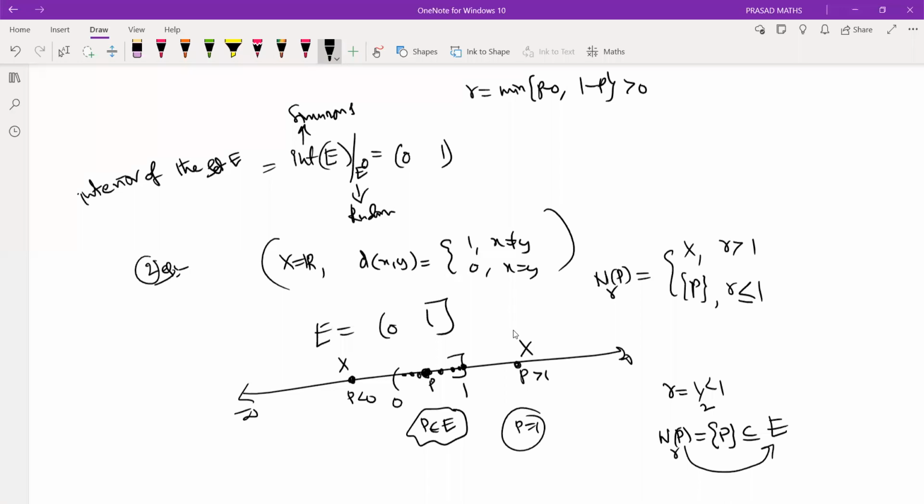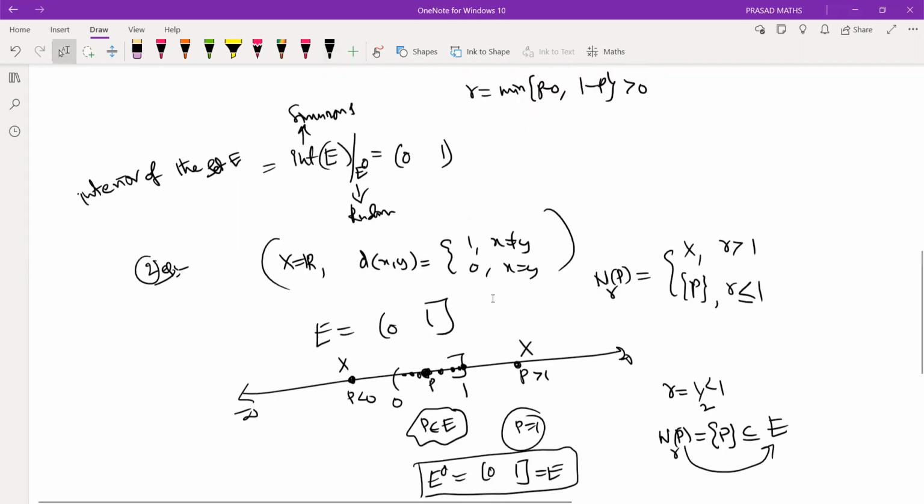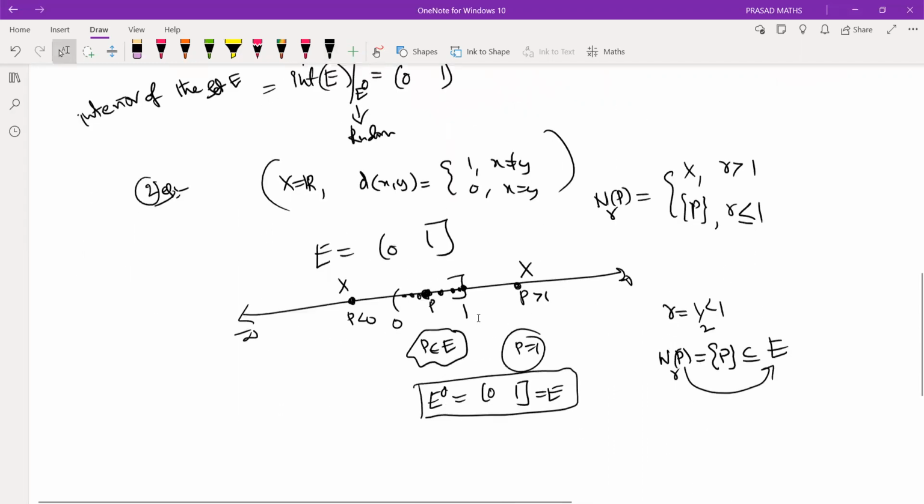Whatever point you choose, I can adjust the neighborhood as a singleton, with a radius much less than 1, and that neighborhood is inside the set. Therefore, every point of the set is an interior point. So what is the interior of the set? The set itself.